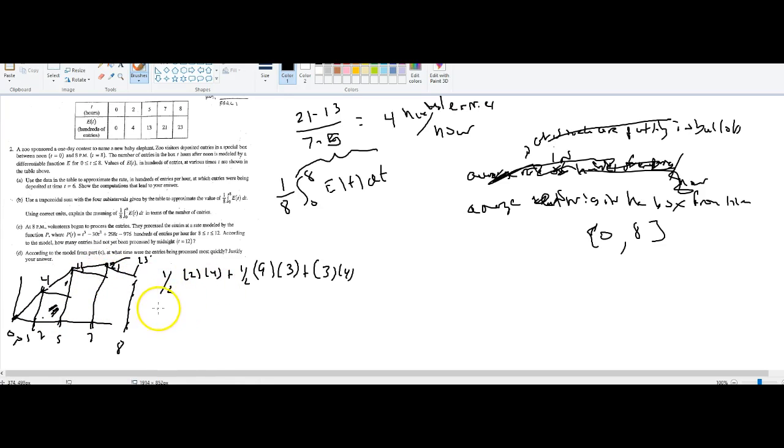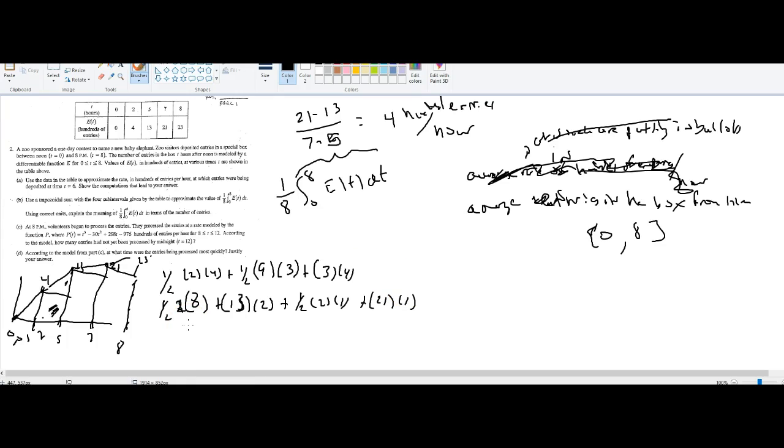Okay, next one would be 1/2 times 2 times 8 plus 13 times 2, plus, and then at the top I'm going to have 1/2 times the base of 1, 7 to 8, times 2, and then plus 21 times 1. All right.